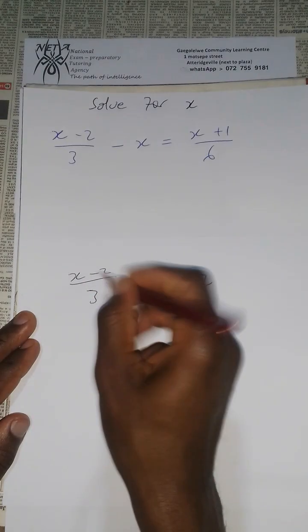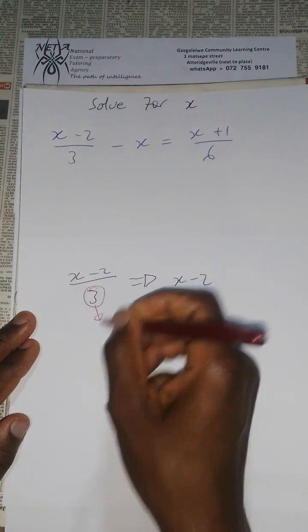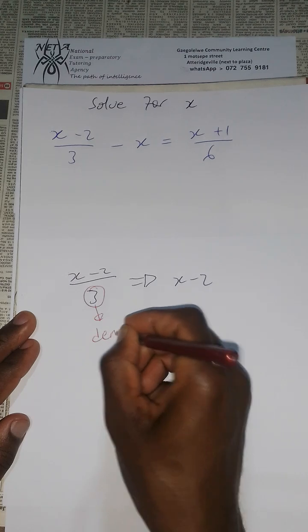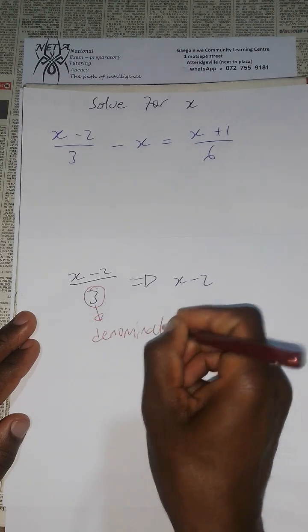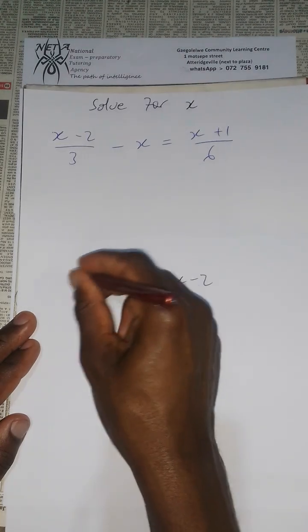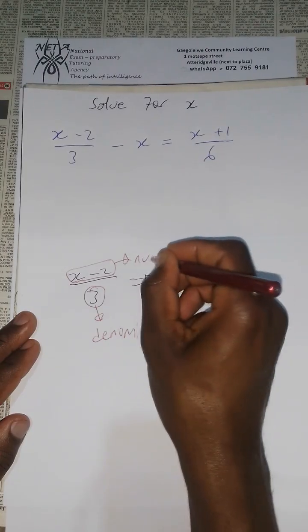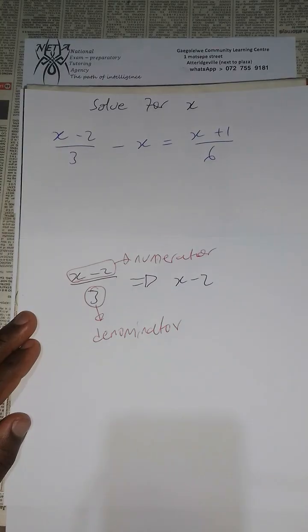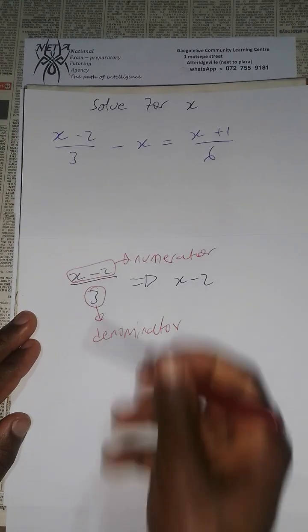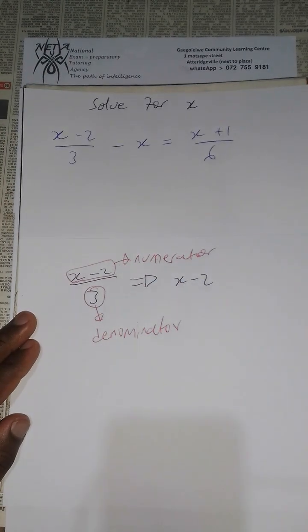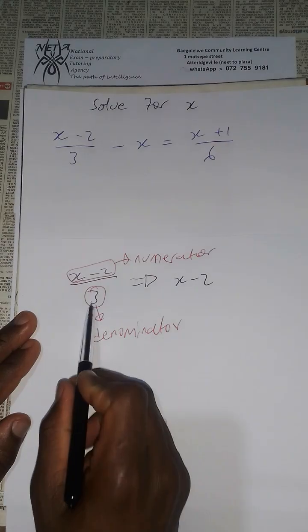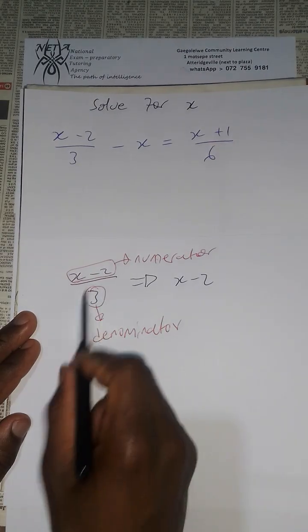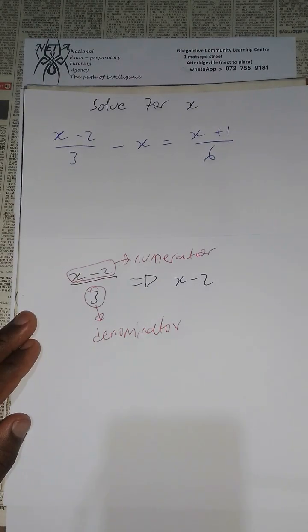Now remember that when we have a fraction, the bottom number is always called the denominator, while the top number is what we call our numerator. The principle is that you have to break your fraction by ensuring that you dissolve your denominator so that your denominator becomes the value of 1.